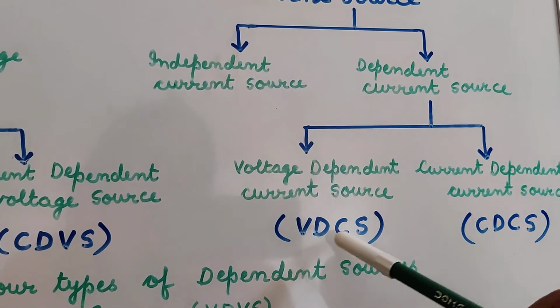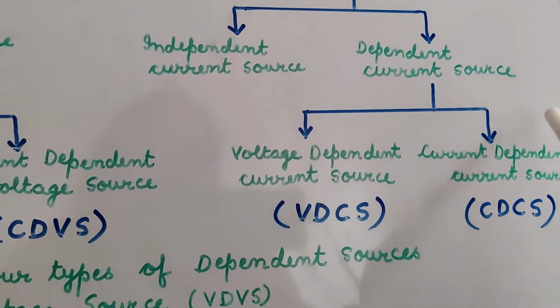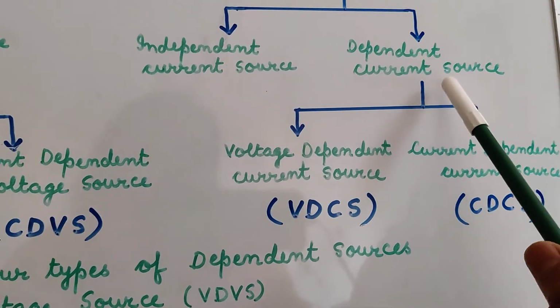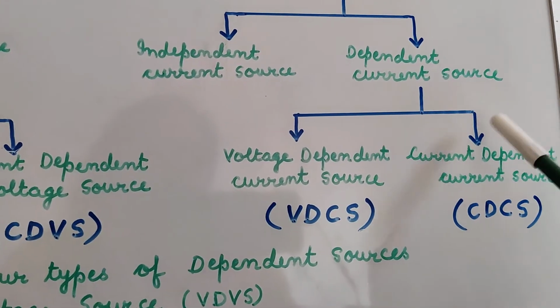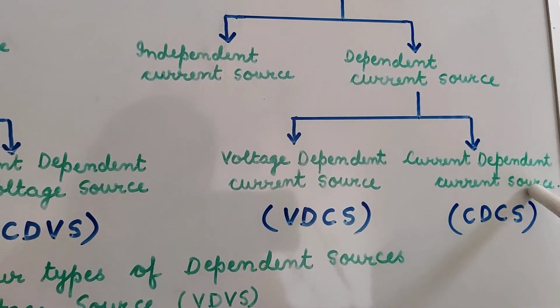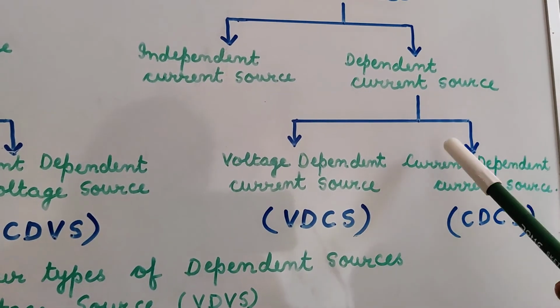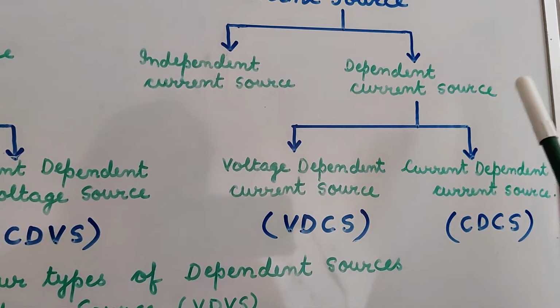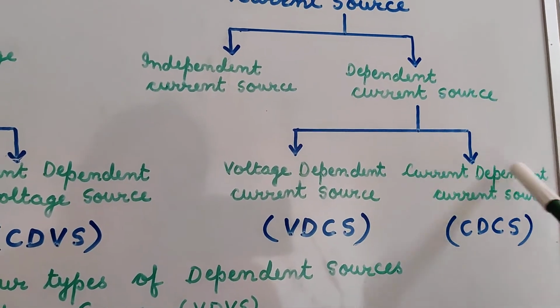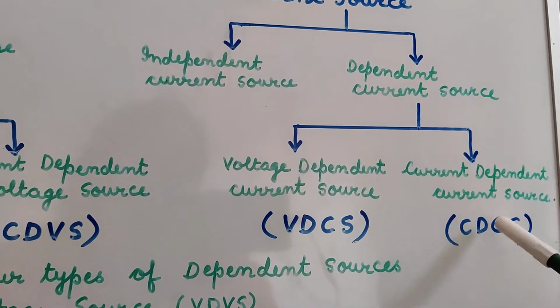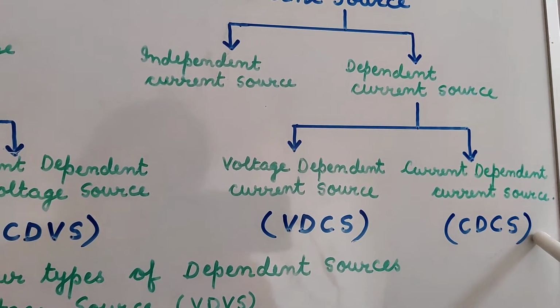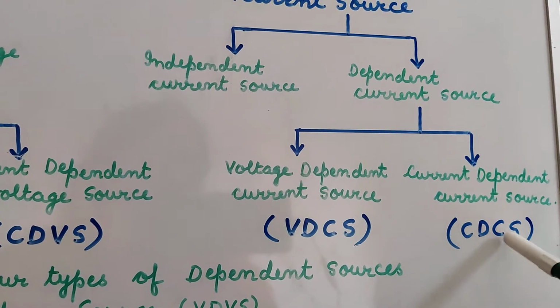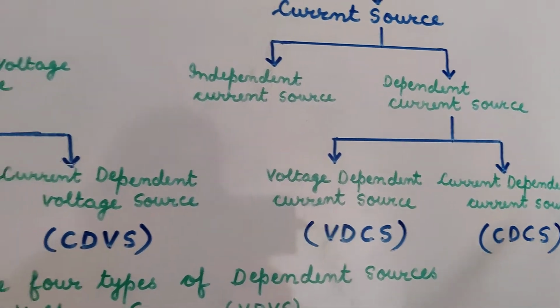Similarly, if the current source is dependent on the current in some other part of the circuit, then we will call that type of dependent current source a current dependent current source, or CDCS.